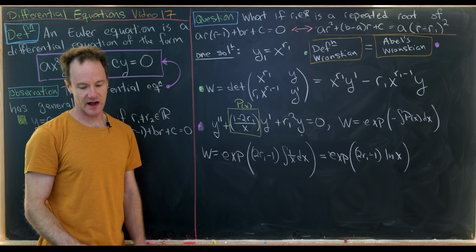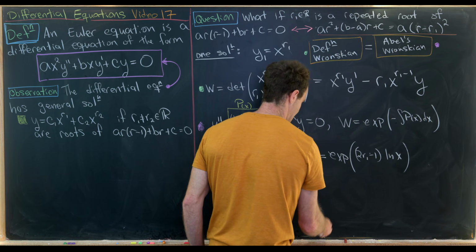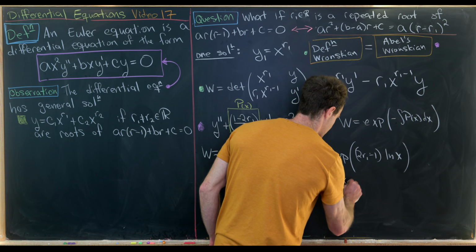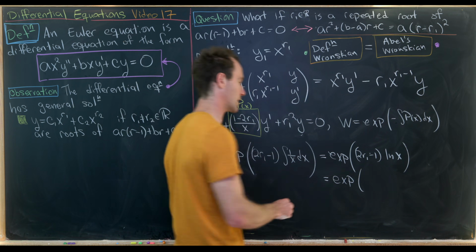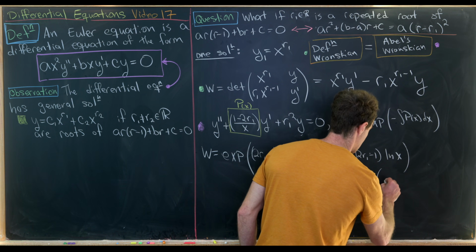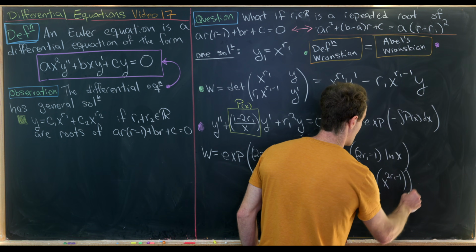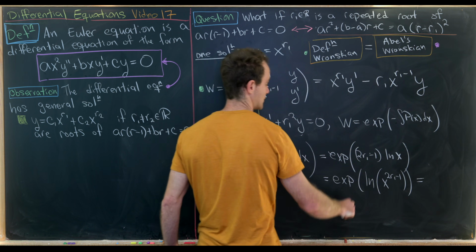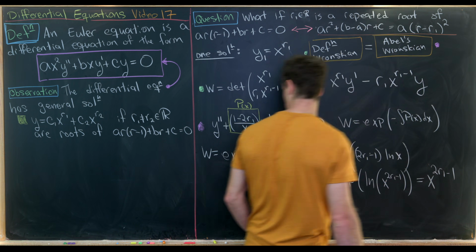Now we've simplified something like this time after time, and the main strategy here is to use logarithm rules to bring this coefficient inside the log. That'll give us the exponential of the natural log of x to the 2r1 minus 1, but now the exponential and the log cancel and we get x to the 2r1 minus 1.